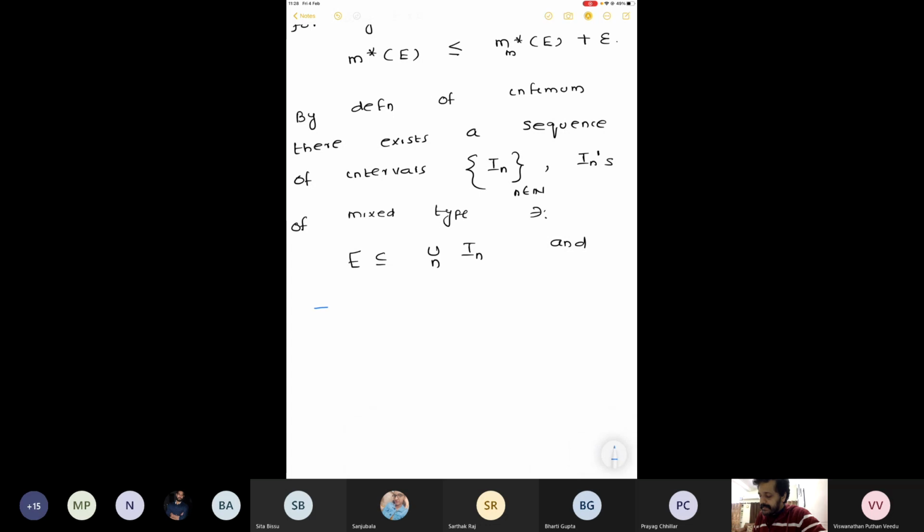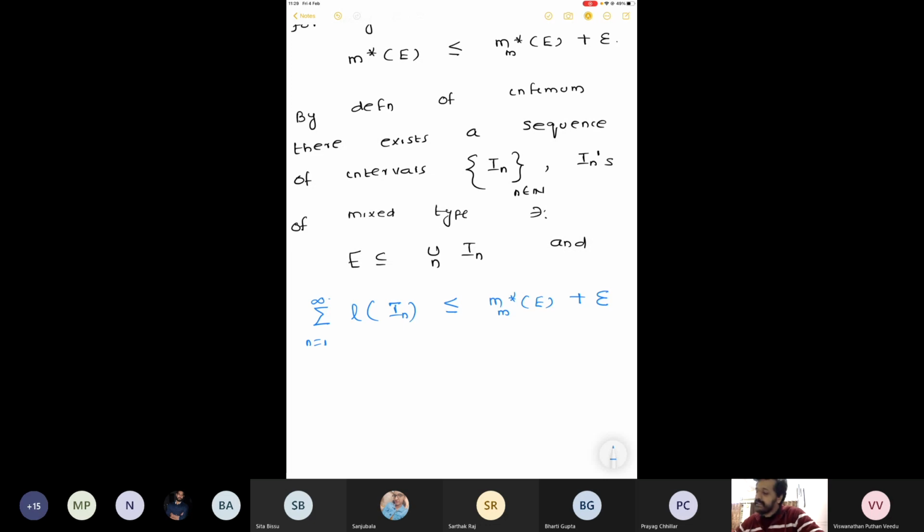Okay. Summation, let me write it the other way around. The sum of L of In is less than or equal to MM star E plus epsilon. By the definition of MM star E, or the property of infimum, this is true. N equal to 1 to infinity.